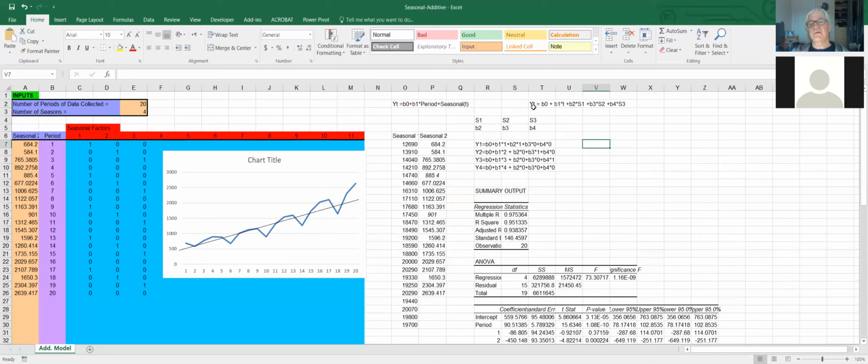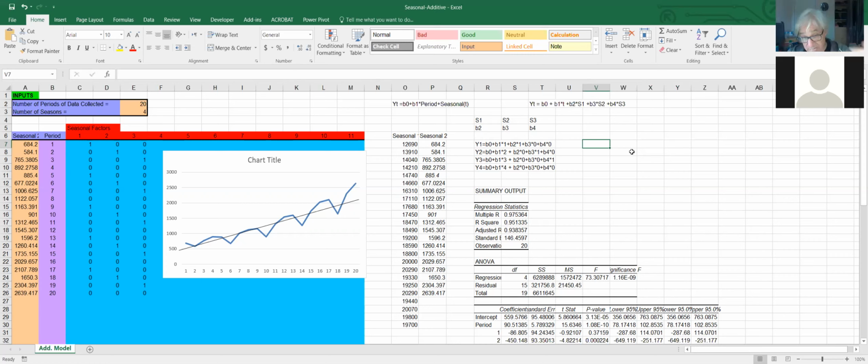Y of t is the time series. It's equal to some linear trend B0 plus B1 times t. That's linear. Then we add to it a seasonal effect. If the time is occurring in season 1, then the seasonal effect is B2 for season 1. If it's occurring in season 2, the seasonal correction will be B3 and B4 for season 3.